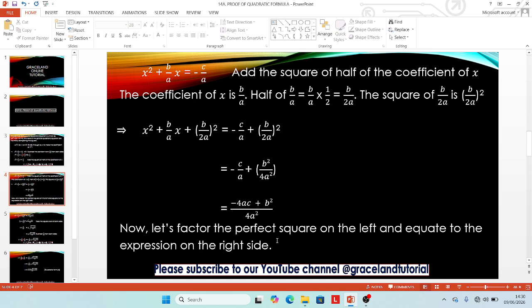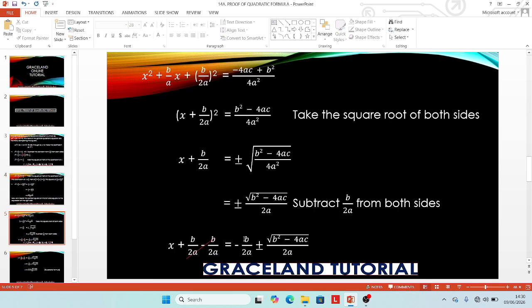Now, let's factor the perfect square on the left and then equate it to the expression on the right. This is where completing the square comes in. Now, x squared plus b over a x plus b over 2a in bracket squared is going to be x, from the x squared, you pick 1. From the b over 2a squared, you also pick b over 2a. Then all together squared.